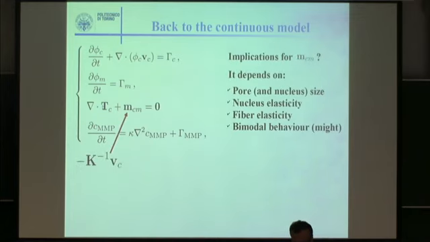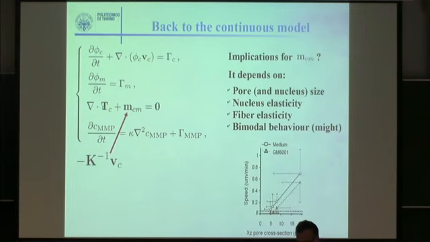Okay. As I told you, this is in general taken to be proportional to the velocity, but we learned that it depends on the pore size, the nucleus size, nucleus elasticity, fiber elasticity, bimodal behavior, and so on. In particular, looking at the pore size and nucleus size, there is an easy way to insert this information in this model, which tells you that the speed is not just proportional to the force, but that there is a threshold value for the pore radius, and then, for instance, this grows linearly.